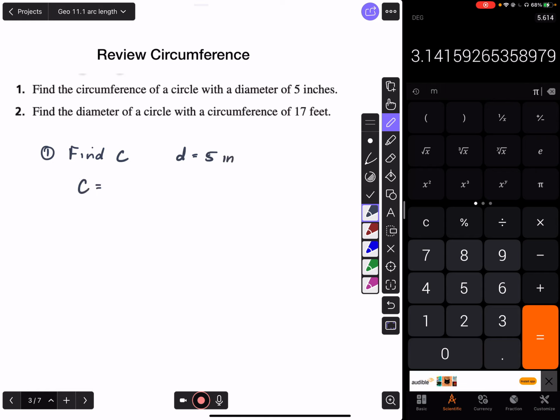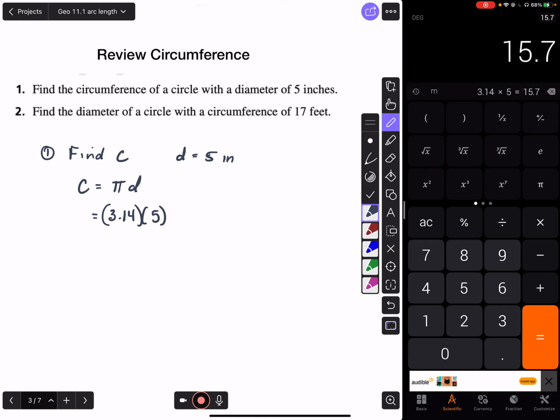So to find circumference, we can use pi times d. So 3.14 times your diameter, 5. And we'll just grab our calculator, get our answer here. 3.14 times 5 equals, so a circle with a 5-inch diameter would be 15.7 inches all the way around it.